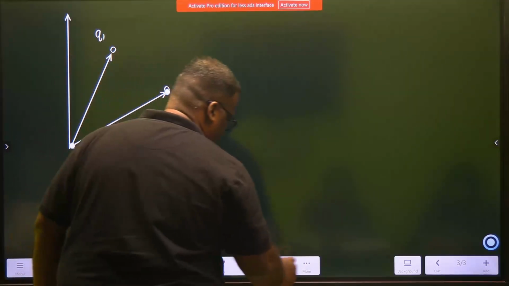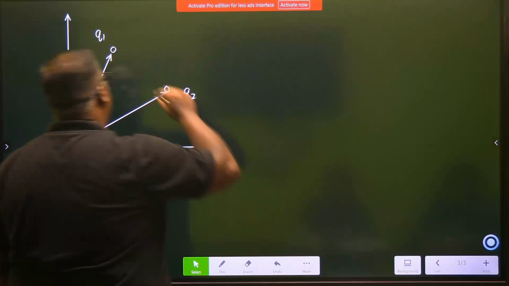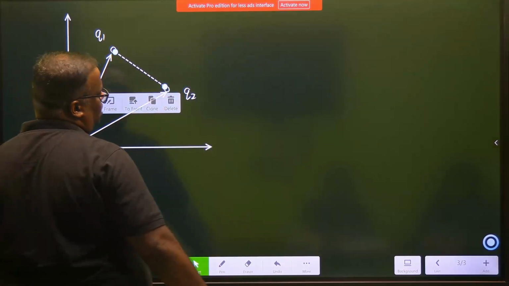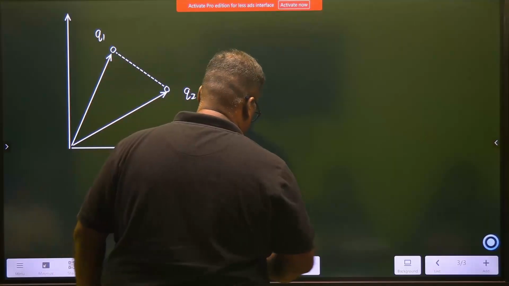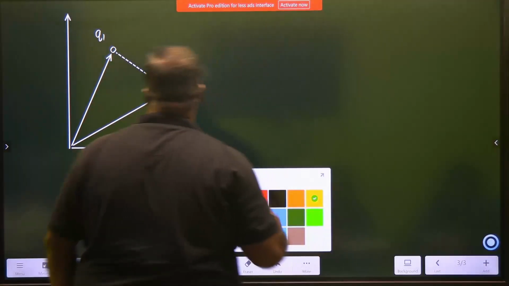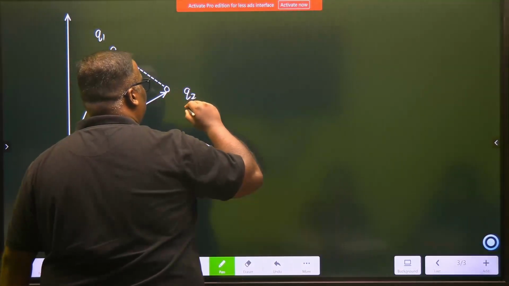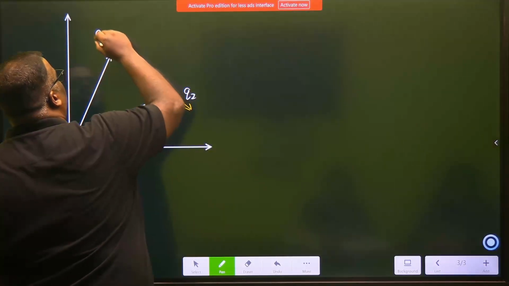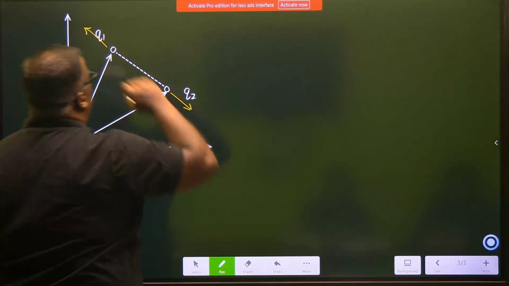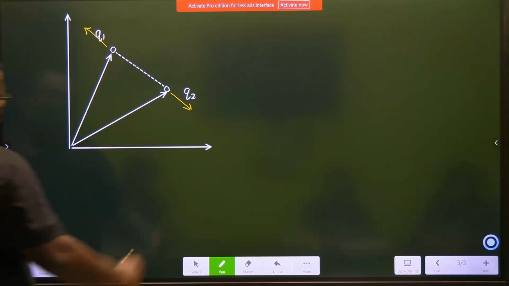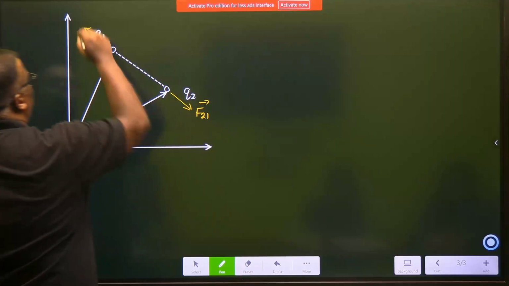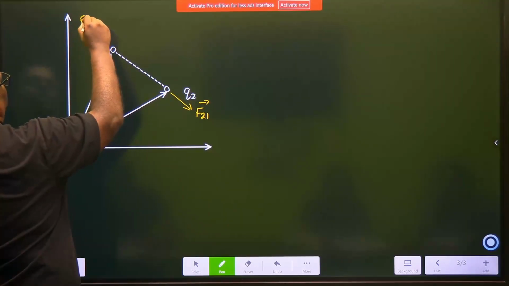Since the force acts on the line joining the two charges, I have put the line joining the two charges out here, and both charges being positive, they are going to encounter a repulsive force. So this is the first repulsive force, and this is the other repulsive force. This repulsive force is the force on 2 due to 1, and this repulsive force is the force on 1 due to 2.